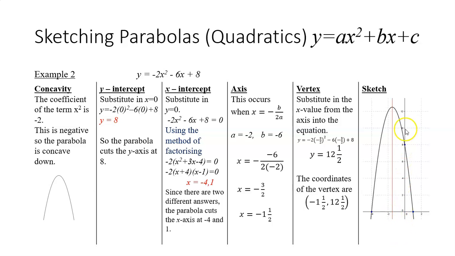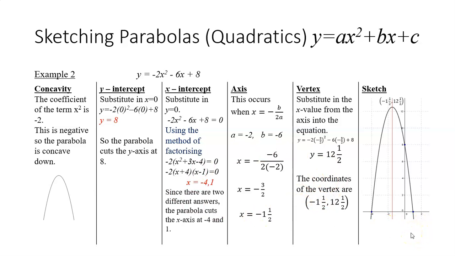But what I should do is, because I've got some odd values up there for our vertex, I will actually label the coordinates of the vertex, because it makes it clearer and easier to see on the diagram rather than searching for all your working out to get there.